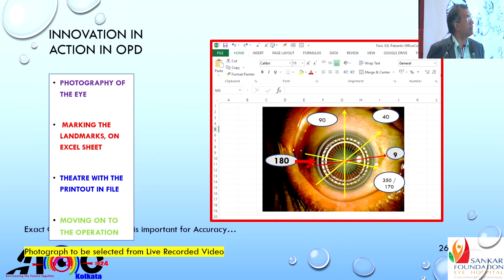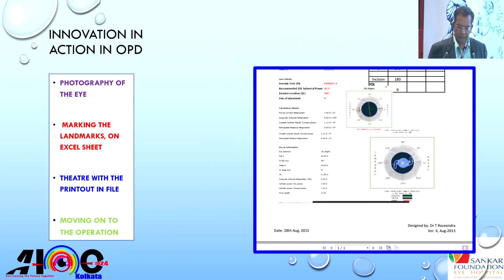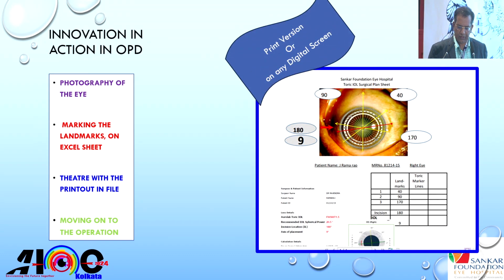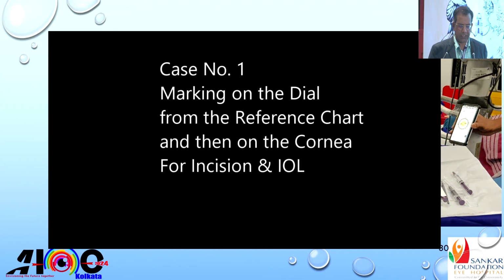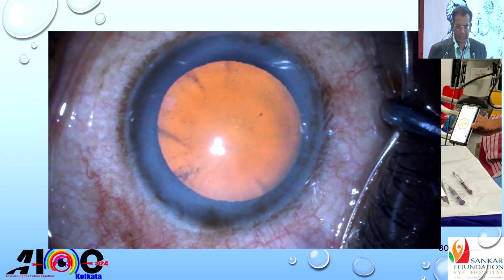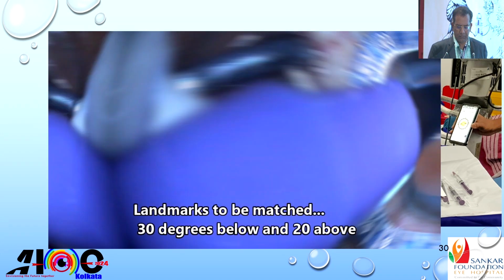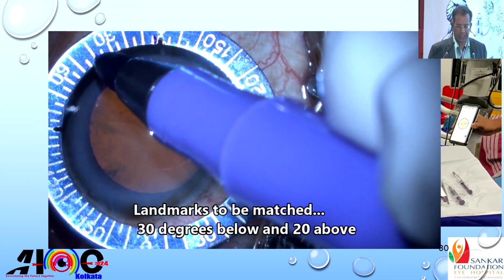This is the work being done by the optometrist or us on the Excel sheet. And then with these printouts or screenshots, we move into the OT. Demonstrating the first case, where marking on the dial from the reference chart, the dial itself is marked.